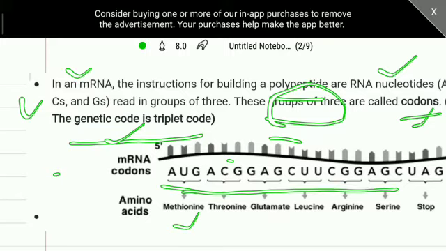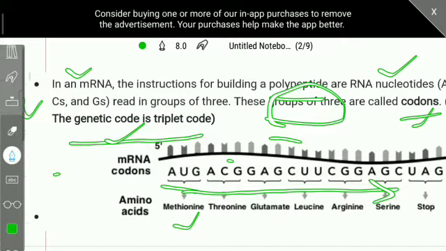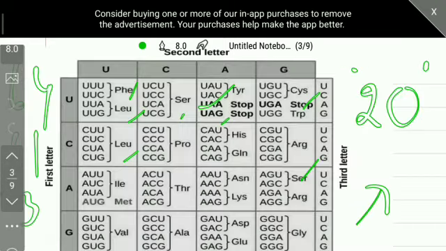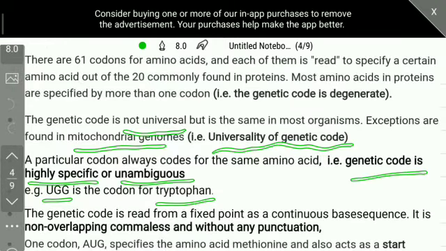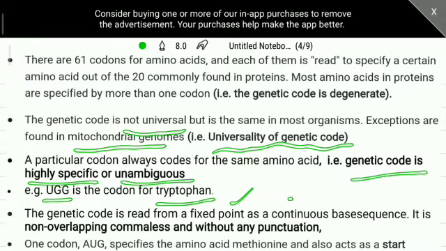The code is continuous, with nothing to mark the end of a codon. It is commaless and non-overlapping, with no hyphens or punctuation. So the genetic code is read from a fixed point as a continuous base sequence.